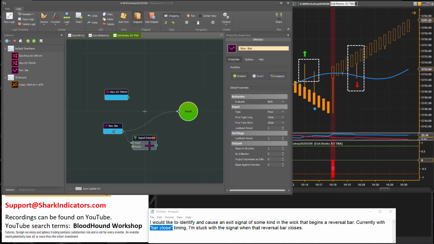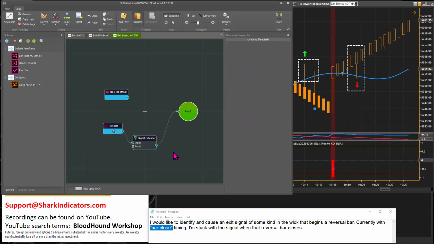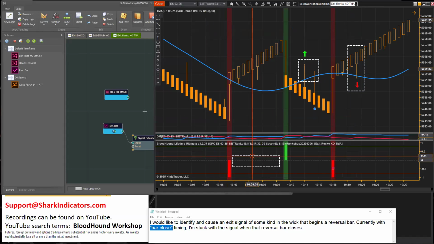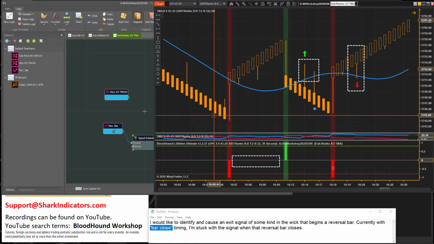Now when we look at the signal extender, I think today's volatility has so many bars on the chart that it's taking Bloodhound a moment to process everything.